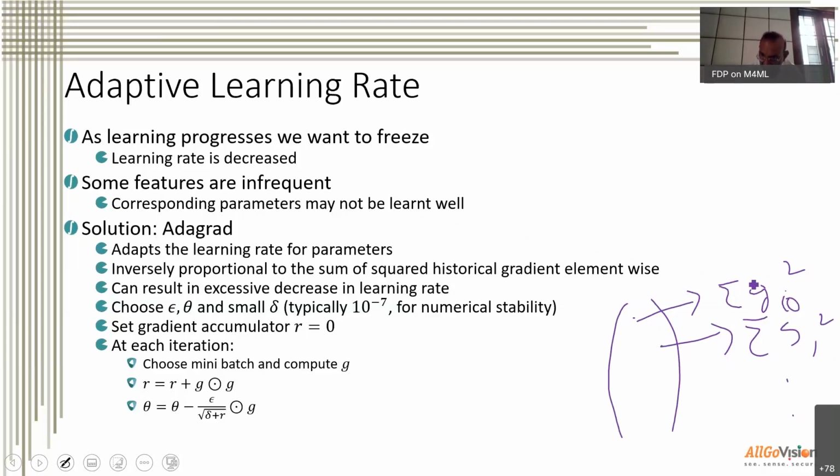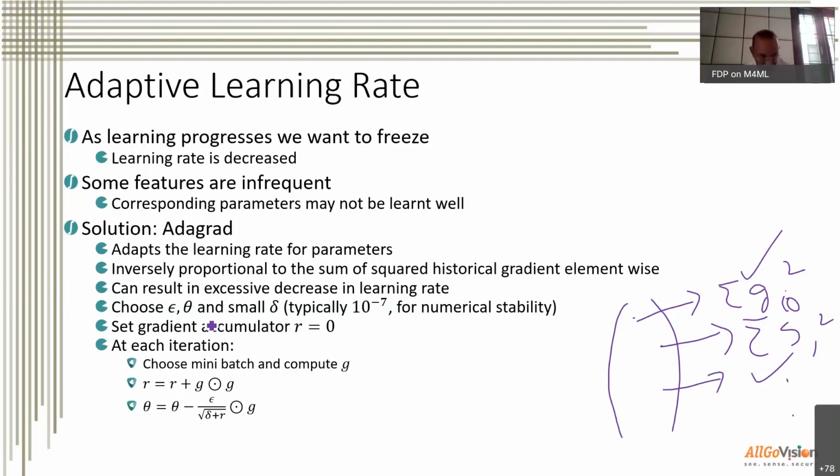If this number is high, that means I have used quite a bit of learning for this component. And if some number is low, that means I have used very little of it for learning so far, right? So that's why we keep doing this accumulation.